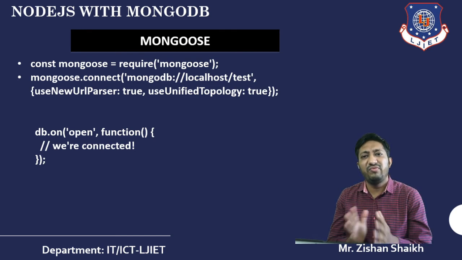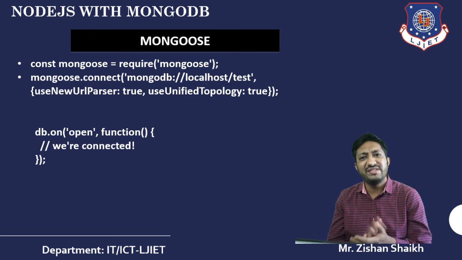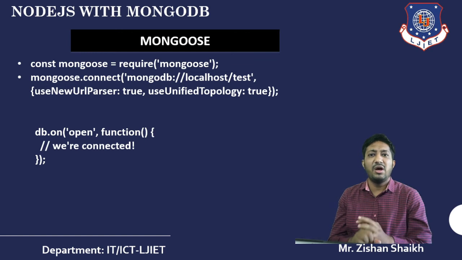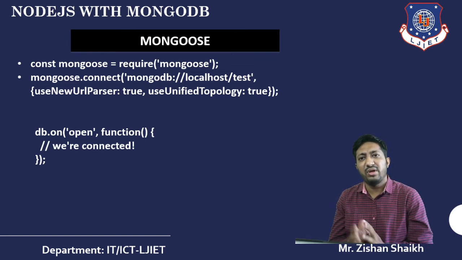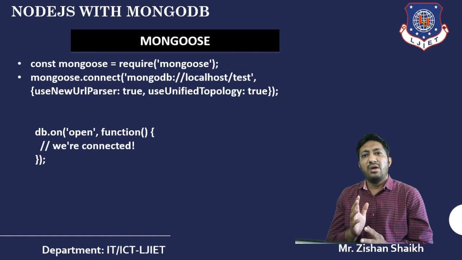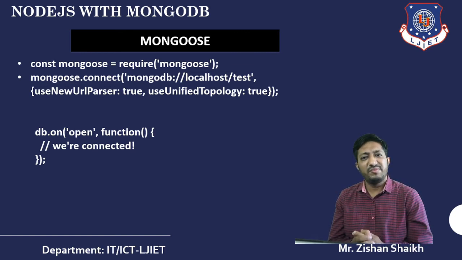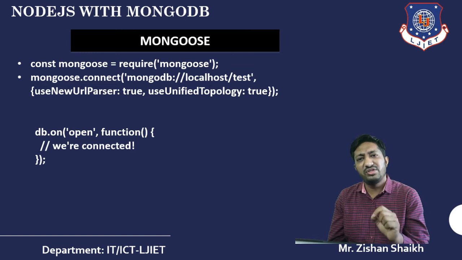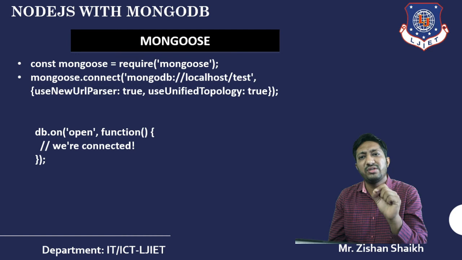Meanwhile, we are understanding the basic things we require, that is Node.js as a runtime environment. Then you have to use MongoDB. For that you have to install MongoDB from the website. But during the installation, you have to remember that one checkbox is there for Compass, MongoDB Compass.